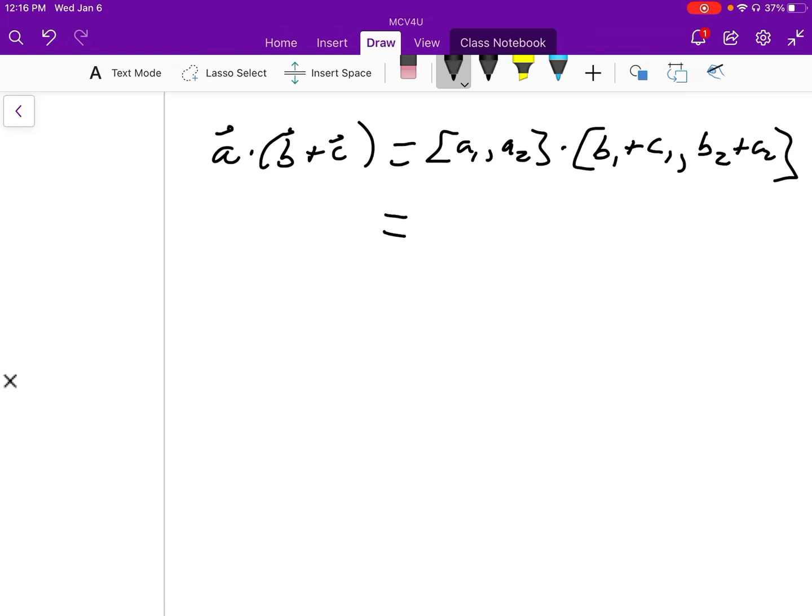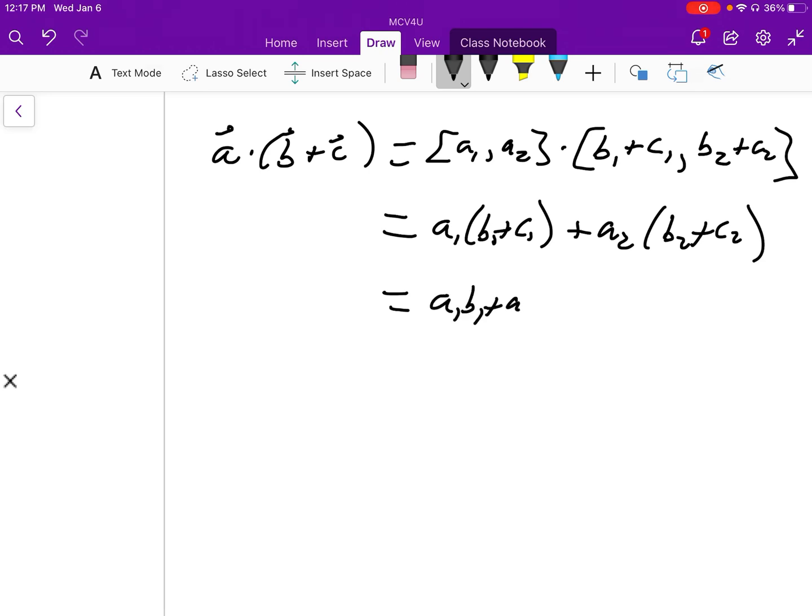Now, when we do the dot product, we know that we're multiplying corresponding components together. So that is A1 times (B1 plus C1) plus A2 times (B2 plus C2). These are scalar quantities. The scalar quantities are distributive, so we can say that this is A1B1 plus A1C1, also A2B2 plus A2C2.